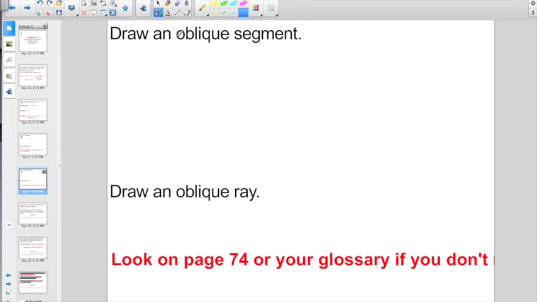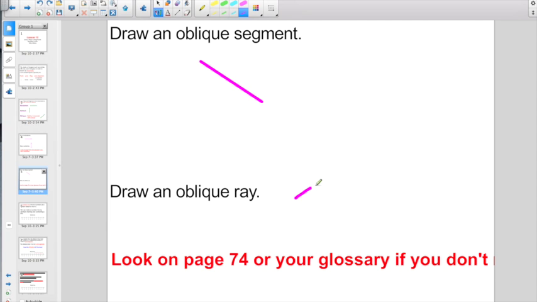Now I have to draw an oblique segment. So first of all, if you remember that word oblique, oblique just means it's not horizontal, it's not vertical. So there is oblique. A segment means it's going to stop on both sides, so I don't have to have an arrow. Now it says draw an oblique ray.